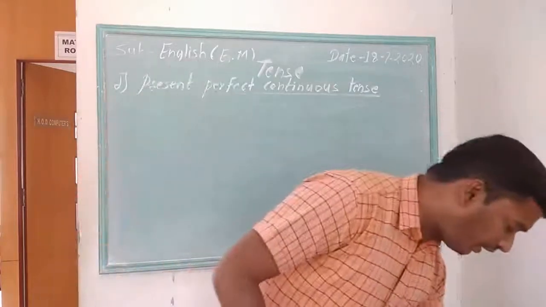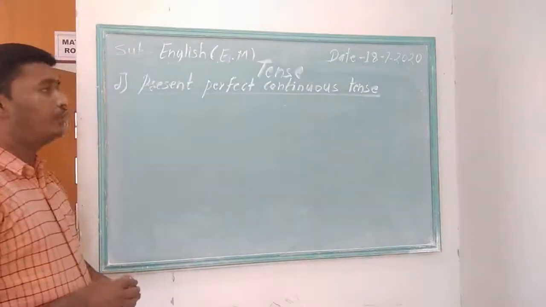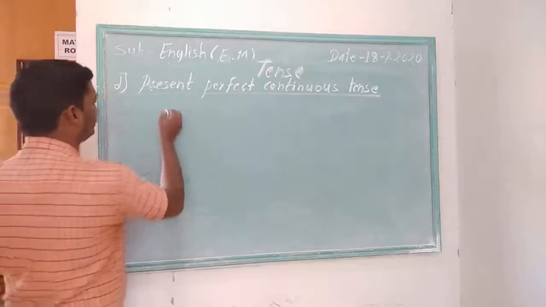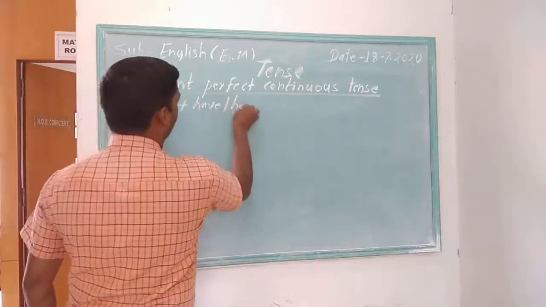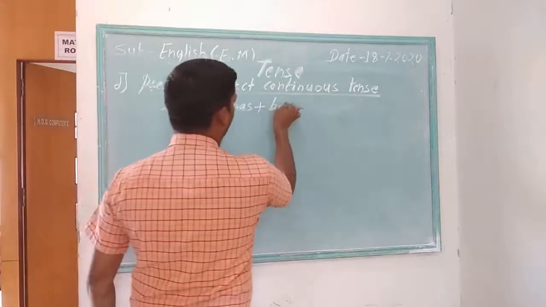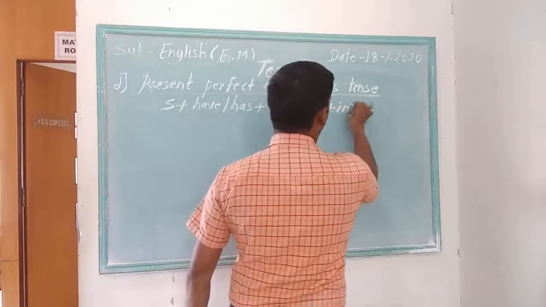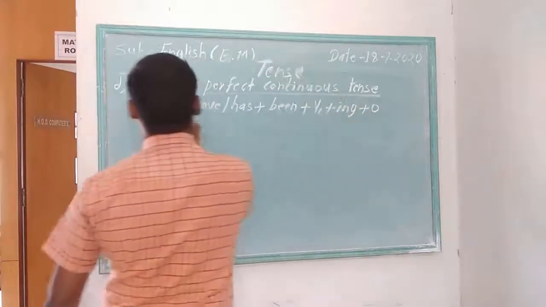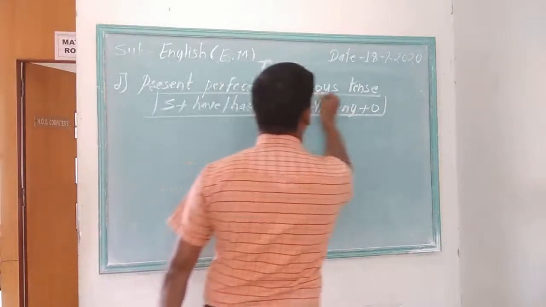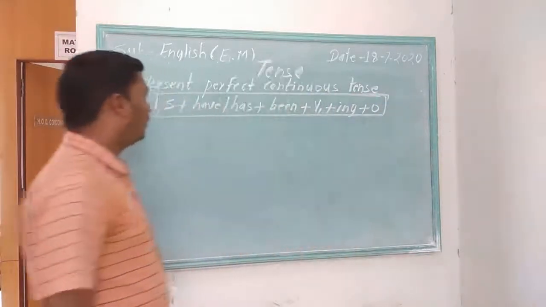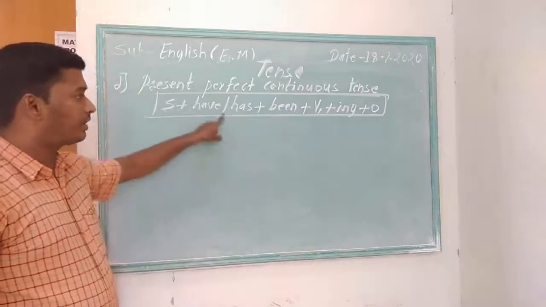It is perfect continuous. Look, what is the structure of present perfect continuous tense? Subject plus have or has plus been plus V1 plus ing plus object.